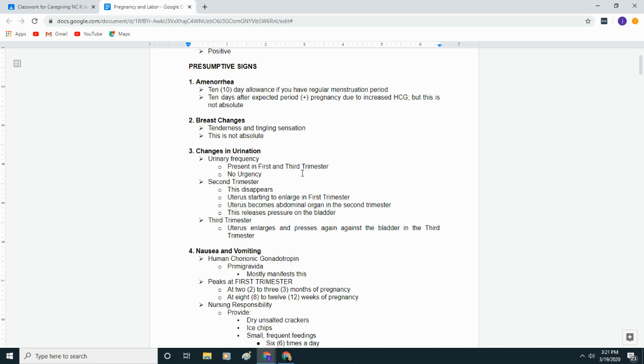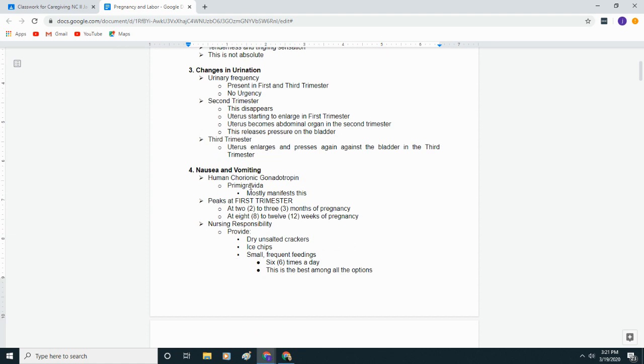For the second trimester, it disappears, but you can still feel it. In the third trimester, it becomes bigger, that's why it presses against the urinary bladder. So there will be change in urination.